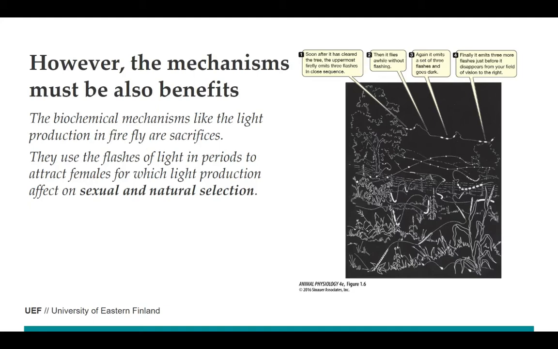And this makes it a benefit, because if you have good light and you are flashing in the right pattern, you attract females, you get more children and grandchildren, and that's why your genes go on to the next generations. So that's why the flashing has adaptive significance.